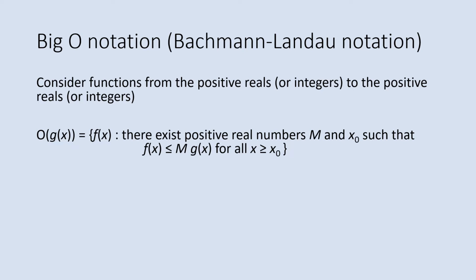So the idea here is that we don't really care what happens close to zero, and close to zero can be still far from zero, but we are more interested in what happens after a certain point. So in terms of a limit as x goes to infinity kind of scenario, once we get big enough on the x values, then f of x is always less than or equal to m times g of x.